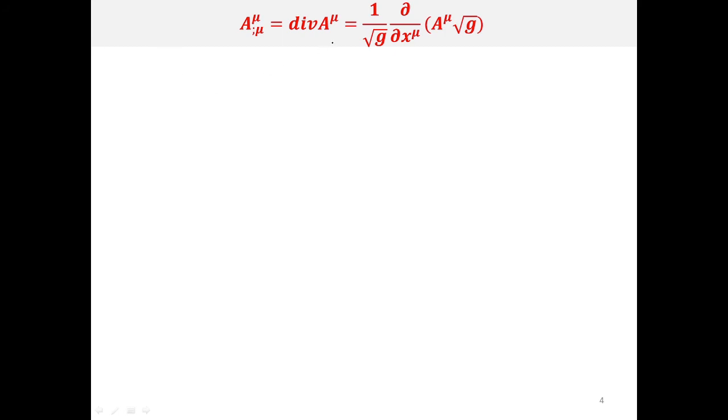Now the divergence of A^μ is defined as 1 by root g into ∂ by ∂x^μ of A^μ into root g. So the divergence of A^μ is defined as the covariant derivative of the contravariant vector A^μ. So how can you define the covariant derivative?